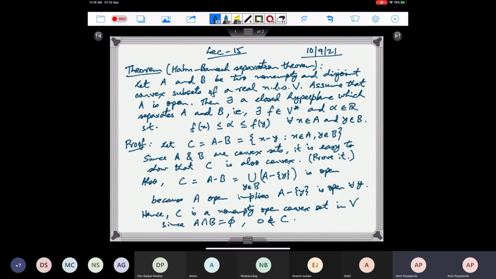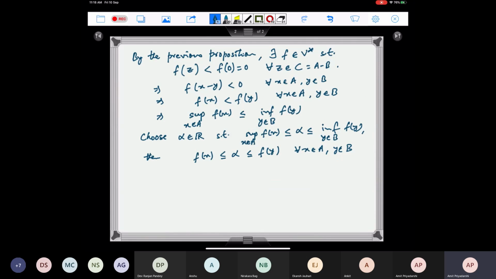So we may not have that f of x is strictly less than alpha and less than f of y for all x in A and y in B. Though we know that for any two points f of x is strictly less than f of y, there may not be any alpha such that the strict inequality holds for all x in A and y in B. But we will see that under some more conditions we can guarantee strict separation also. So that is our next theorem.